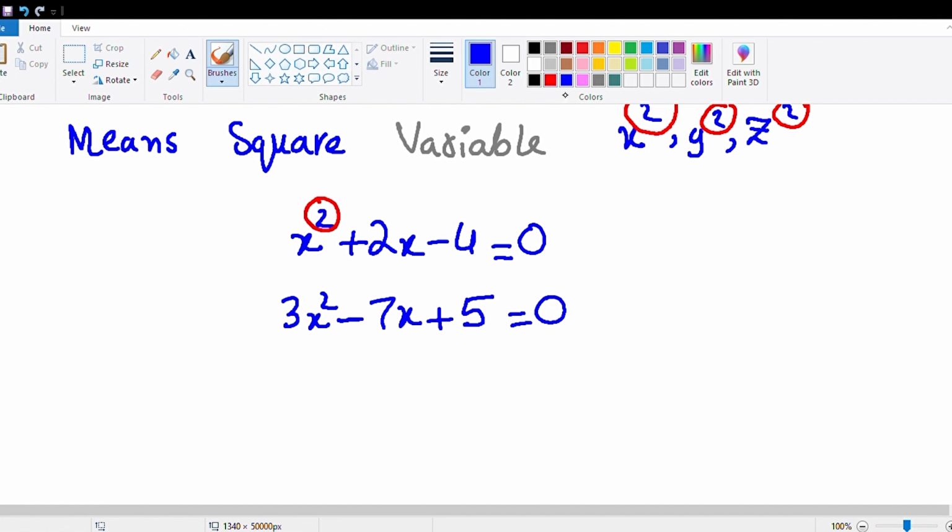Again, it's a quadratic equation because of the square. If we have something like 5x squared plus 15 equals minus 10x, it's still a quadratic equation because, again, we have the square.